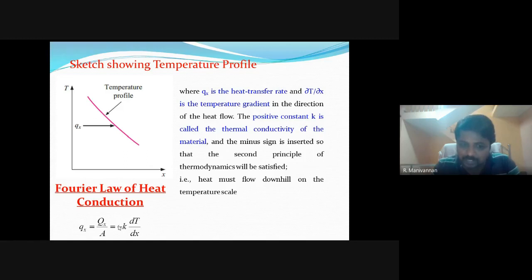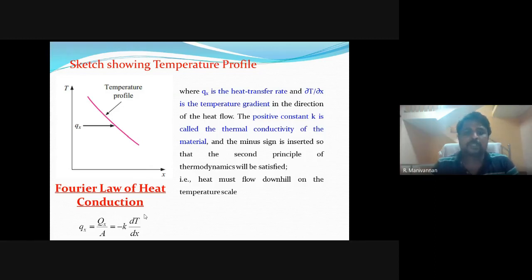And you can also see that there is one negative sign. This is because of the second principle of thermodynamics. What it states is it is impossible to transfer energy from the lower temperature to the higher temperature. So dT by dx becomes T2 minus T1, where this is T2 and this is T1, but this difference will give you a negative value. So in order to make it positive, a negative sign is given over here.